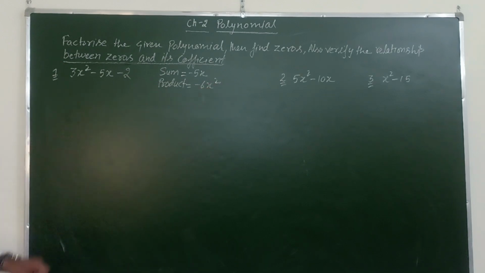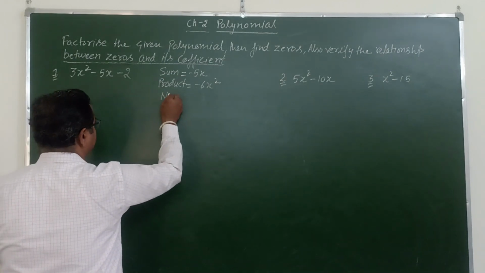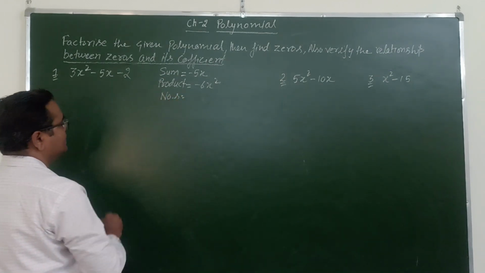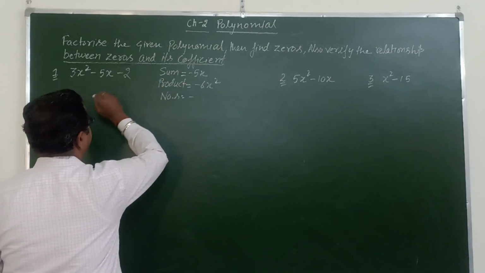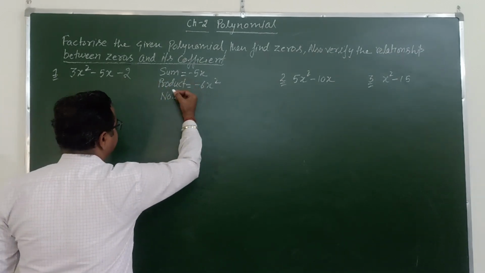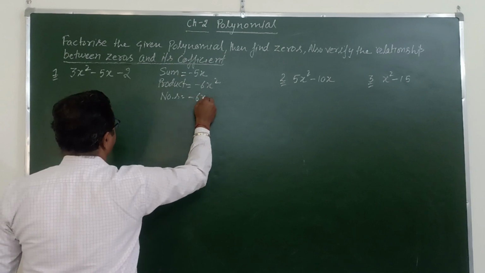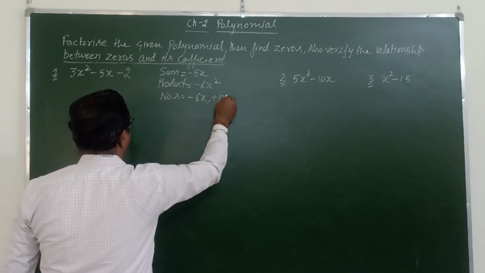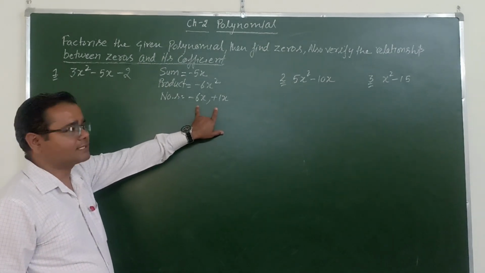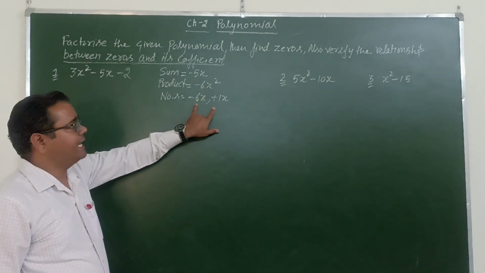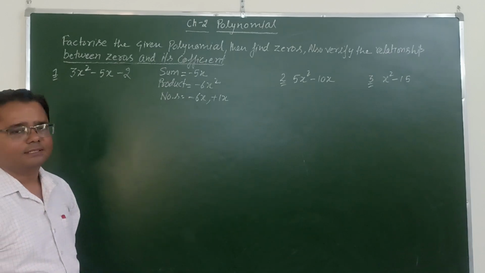So product is minus 6, sum is minus 5. So that's why the numbers are minus 6x and plus 1x. Multiply these two terms, we will get minus 6 as a product, and add them we will get minus 5 as a sum.